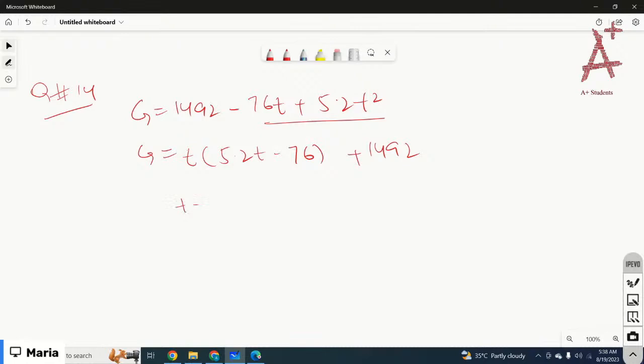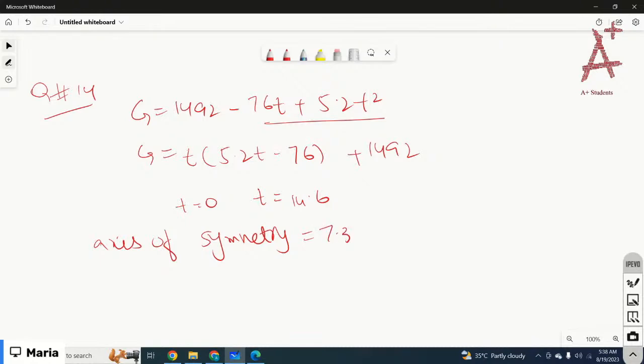So that means T equals 0 and T equals 76 divided by 5.2, that would be 14.6. So the axis of symmetry would be 14.6 over 2, that would be 7.3, right?